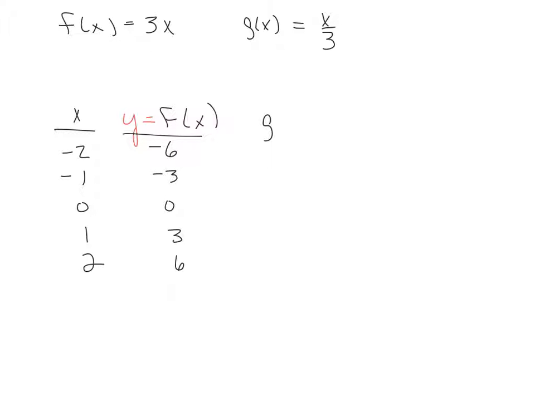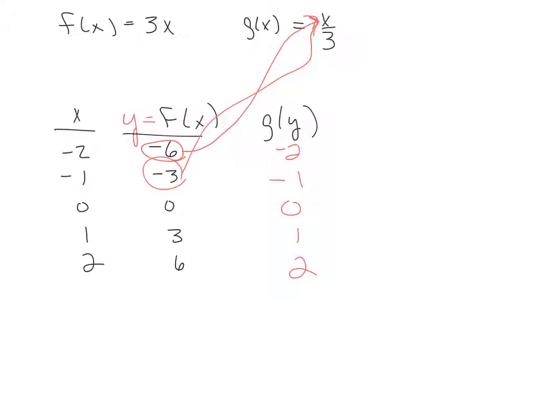Now, g of y. Well, this is y. So g of y means I plug this into the equation, and I'm undoing everything. So negative 6 divided by 3 is negative 2. Negative 3 divided by 3 is negative 1, 0, 1, and 2. So all of these I plugged in and I calculated it. And as you can see, I undid, I reversed, I inversed, right?